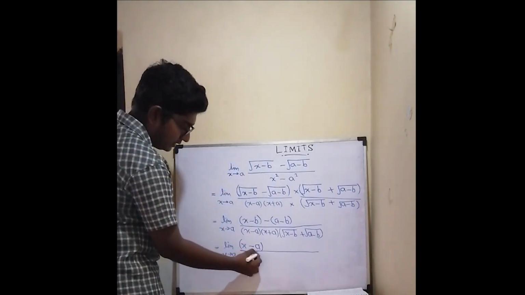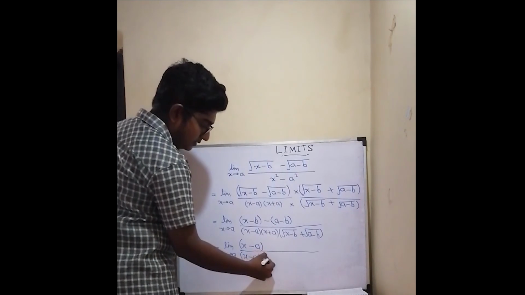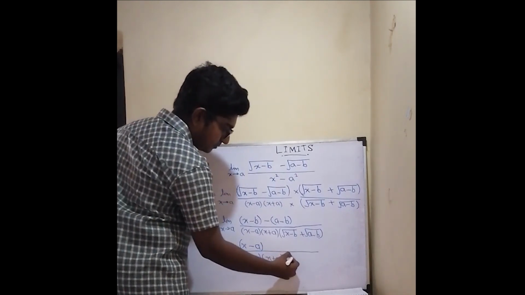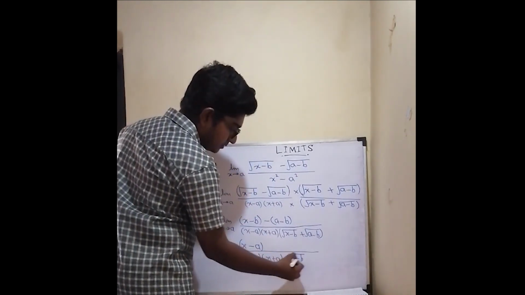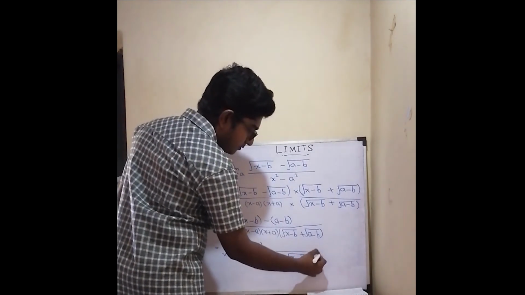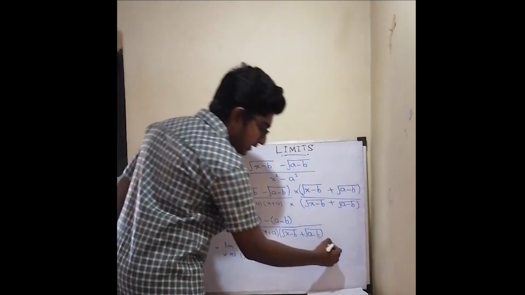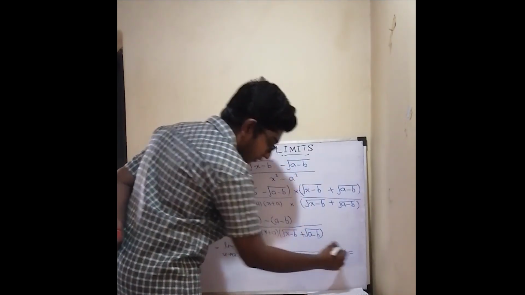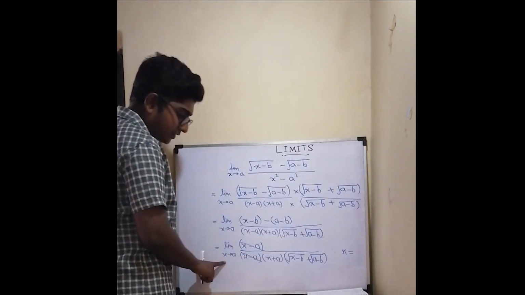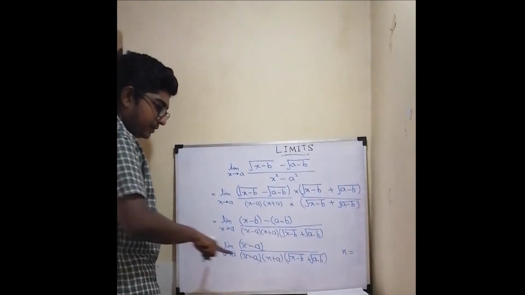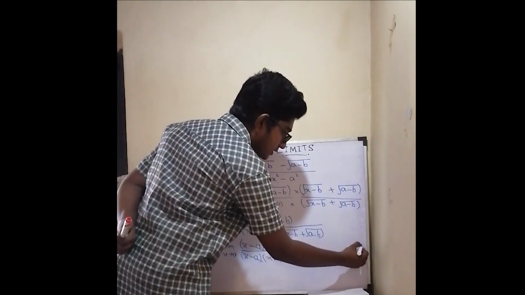Now you can see I can cancel these two terms. So when I cancel that, you have to write x is not equal to a. It is just approaching a, not equal.